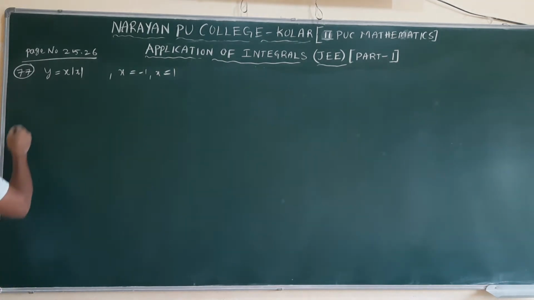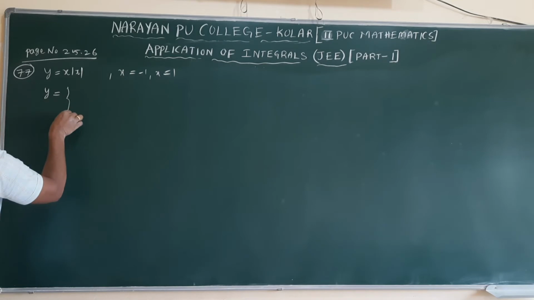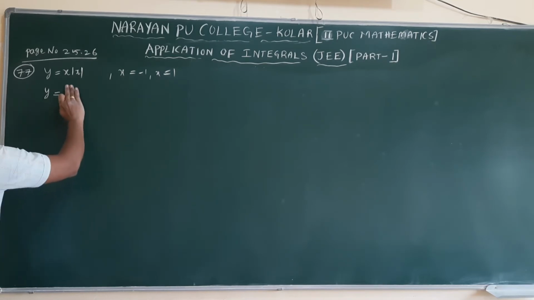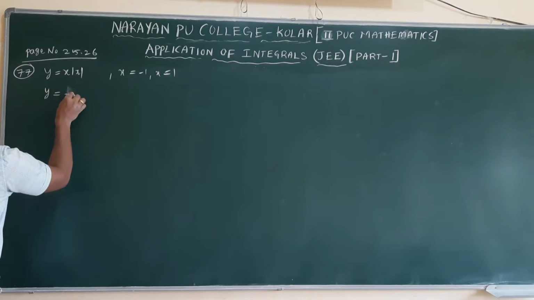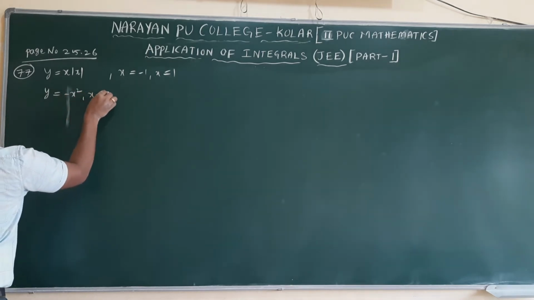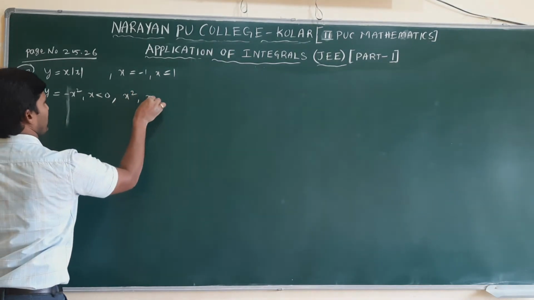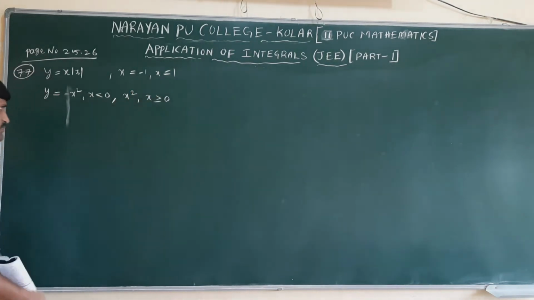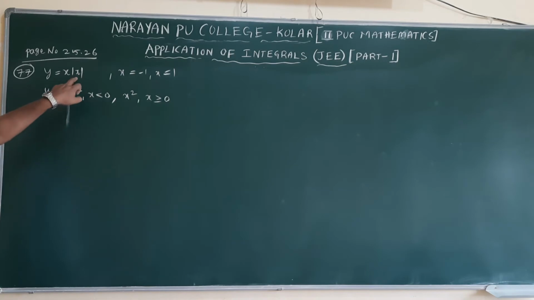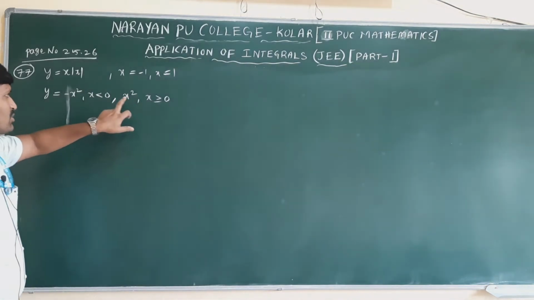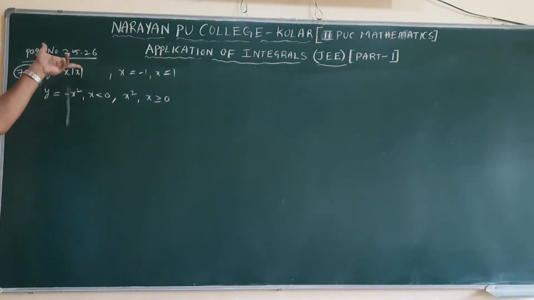Now y equals x mod x means we get two curves: it is minus x square if x is less than 0, plus x square if x is greater than or equal to 0. Reason: less than 0 means mod x becomes minus x, and x into minus x is minus x square. When x is greater than or equal to 0, mod x becomes plus x, so we get x square.